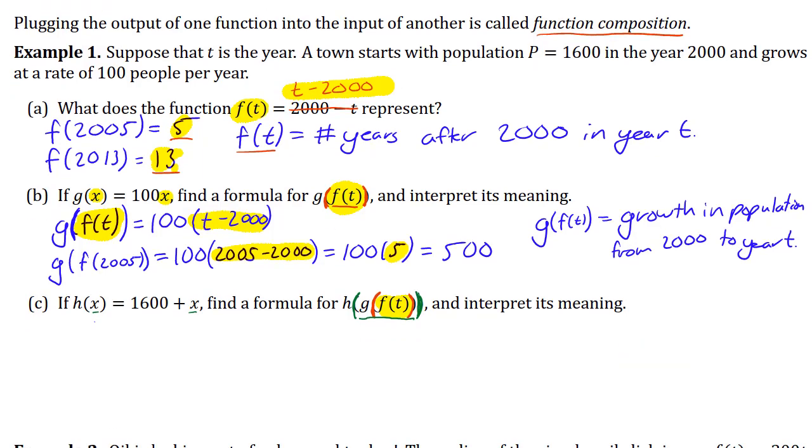So first thing I'm going to do is, I already know what g of f of t is. G of f of t is this thing right here, 100 times the quantity t minus 2000. So that's what we're talking about here.